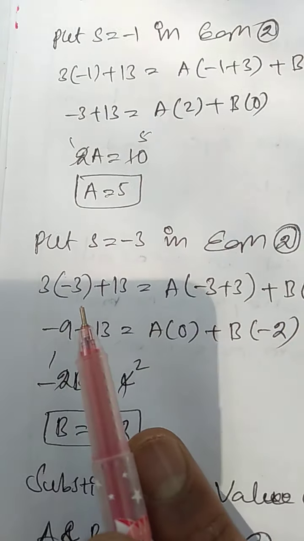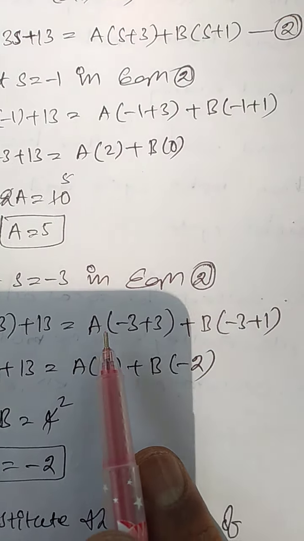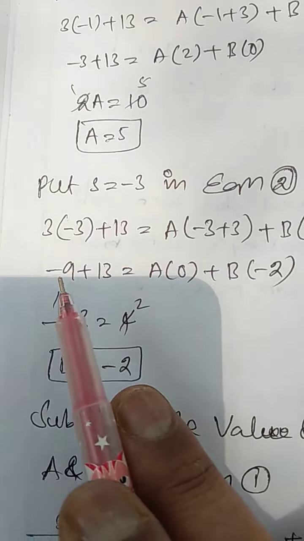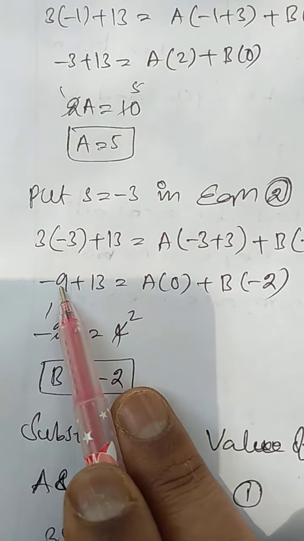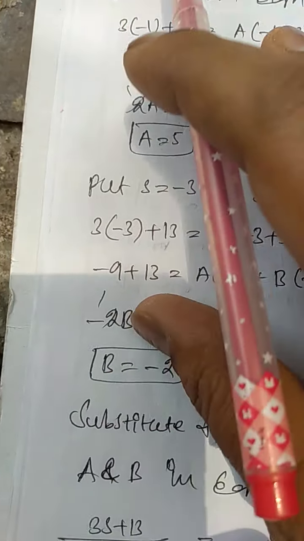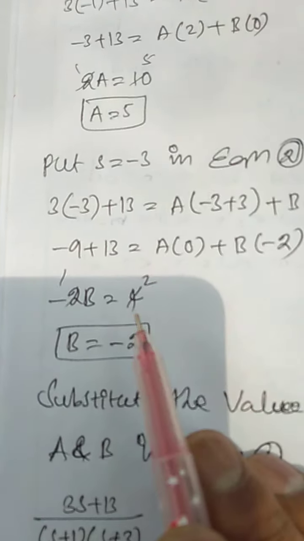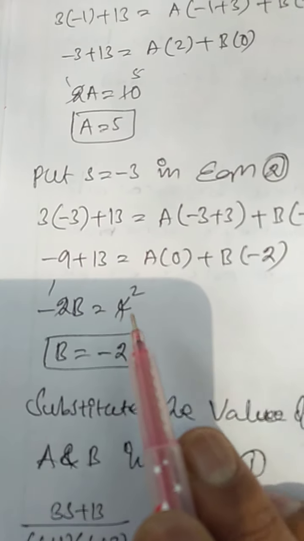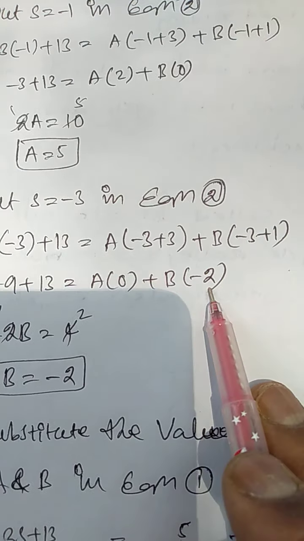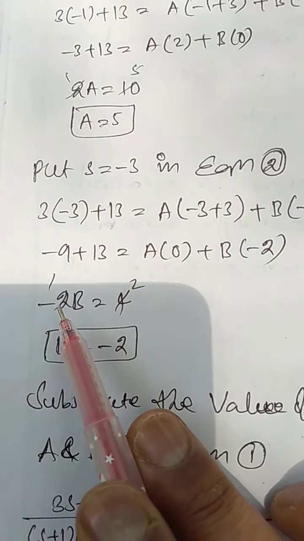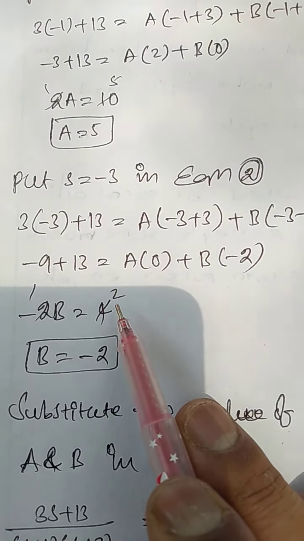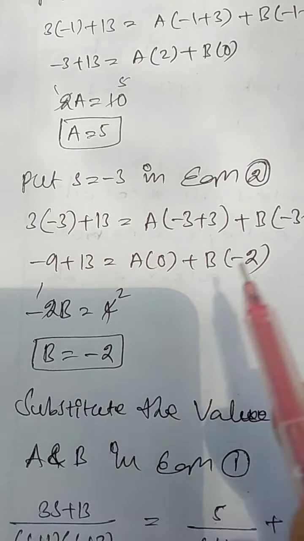We get 3(-3) + 13 = A(-3 + 3) + B(-3 + 1). 3 into -3 is -9, plus 13 is 4. A into 0 is 0, plus B into (-3 + 1), that is -2B. Therefore -2B = 4, therefore B = 4 divided by -2, so we get B = -2.